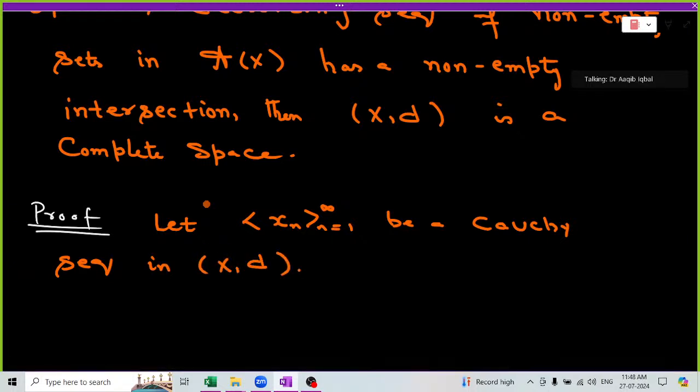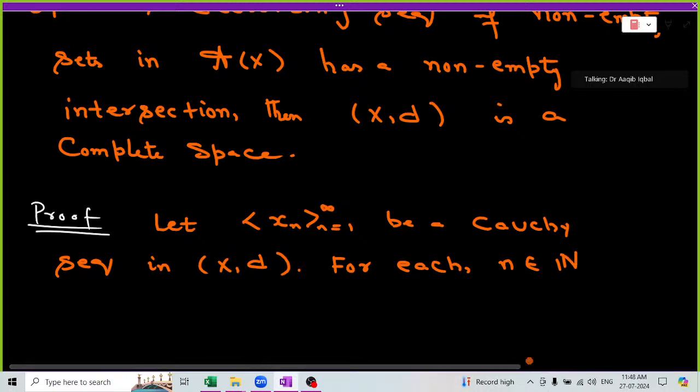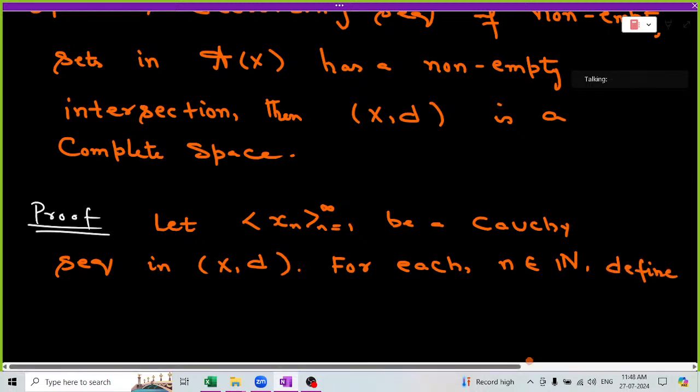First up, इसके बाद आप क्या करिए, for each n in the set of natural numbers, we define certain things. पहली चीज जो हम define करेंगे वो एक set होगा.